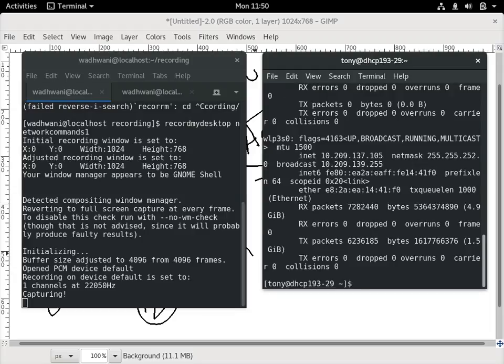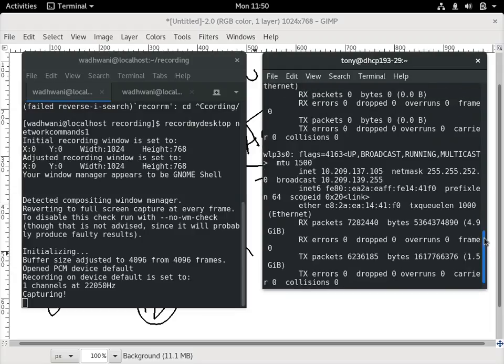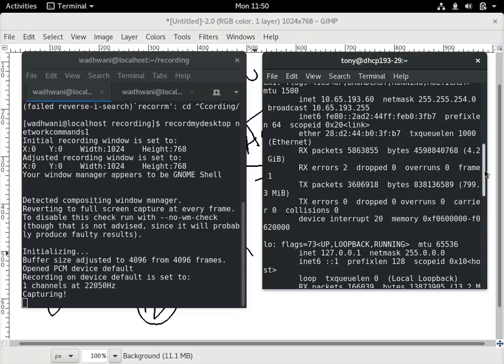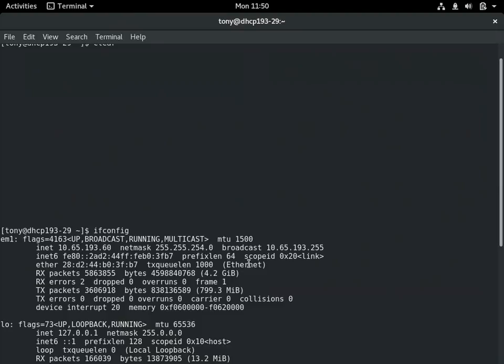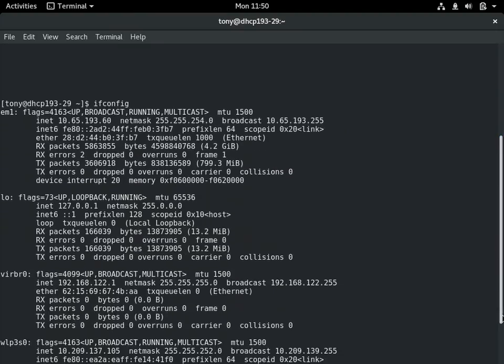Once I run ifconfig, let me make this screen a little bit bigger so the output is clear. I can see EM1. Here EM1 is my LAN interface, or Ethernet interface.